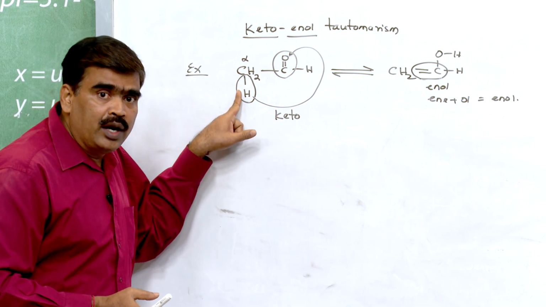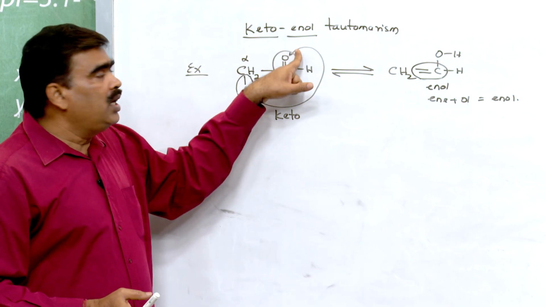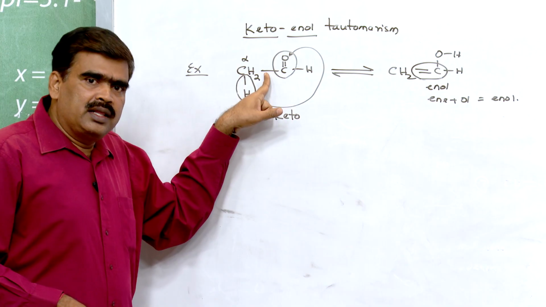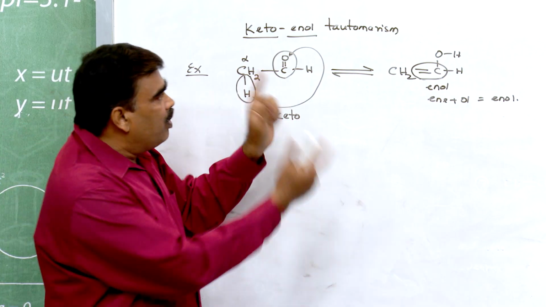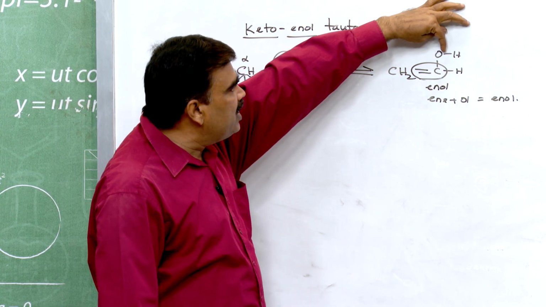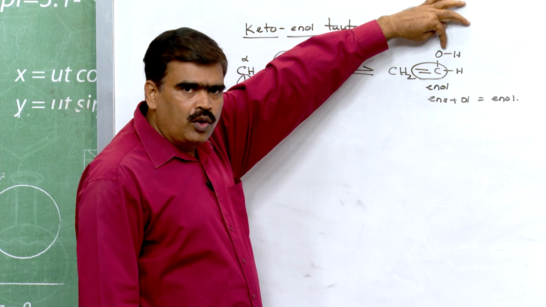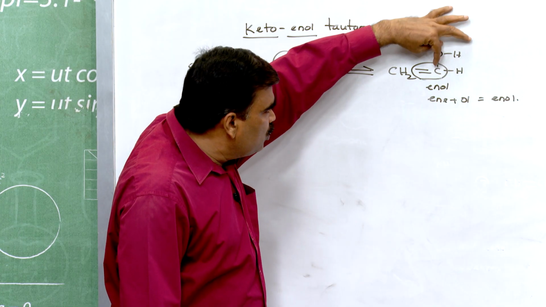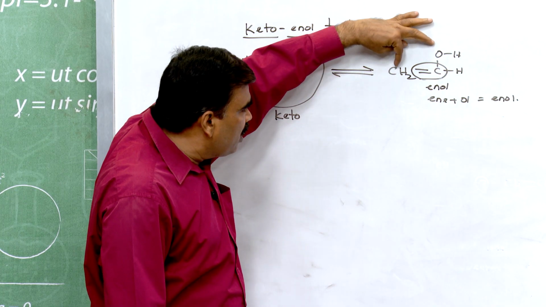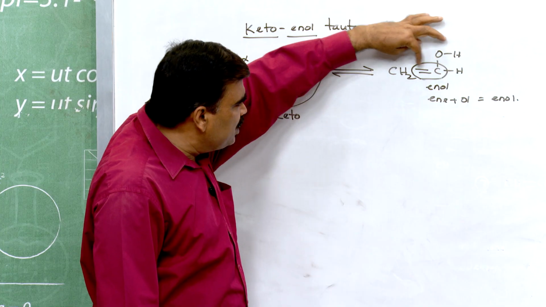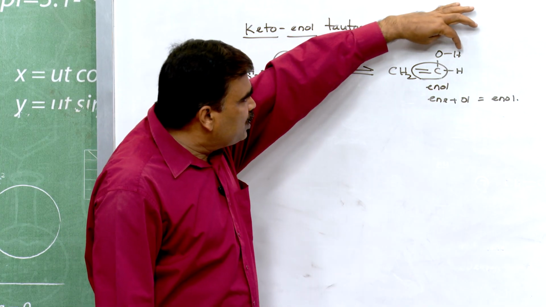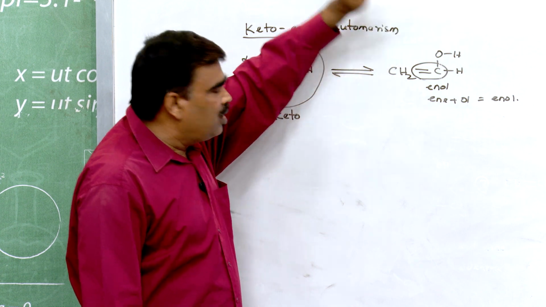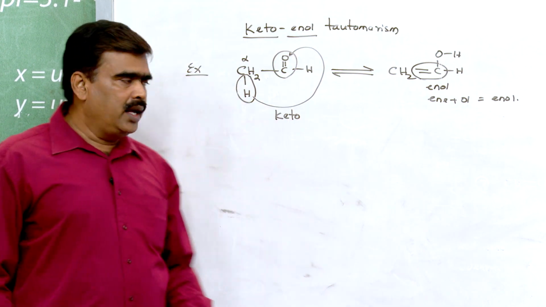Take out this alpha hydrogen, put it with oxygen, break this double bond and make this double bond here, right? रिवर्स वे, ये अगर तुमको दे दिया गया है एनॉल, पूछा जाएगा कि write its keto form, कैसे लिखोगे? यहाँ से H को निकाल दो और ये जो कार्बन के साथ जो डबल बॉन्ड है उसी कार्बन के पास, ये कार्बन जिस कार्बन के साथ बॉन्ड किया है उसी कार्बन को ये हाइड्रोजन दे दो, मतलब CH3 और यहाँ पे डबल बॉन्ड कर दो, ये डबल बॉन्ड को तोड़ दो, ठीक है?